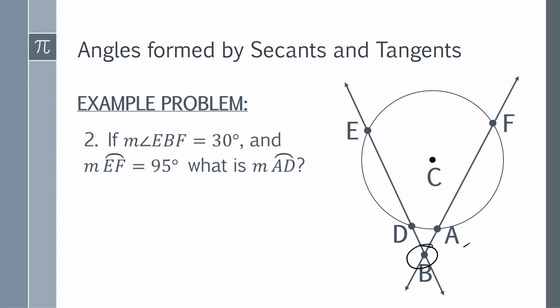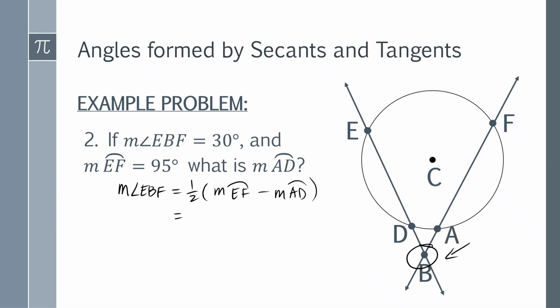Again, the intersection is located outside. Therefore, their intercepted arcs must be subtracted. So therefore, measure of angle EBF is equal to 1 half the measure of EF, which is the larger arc, minus measure of arc AD, which is the smaller arc.